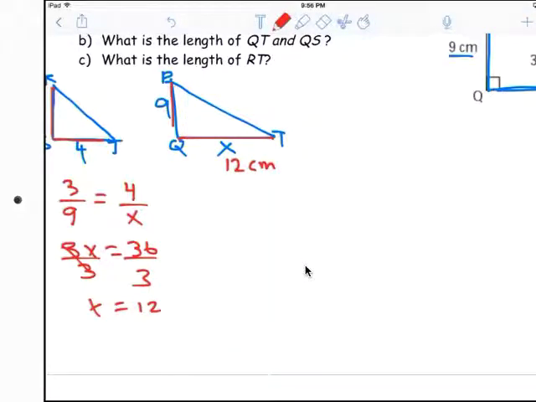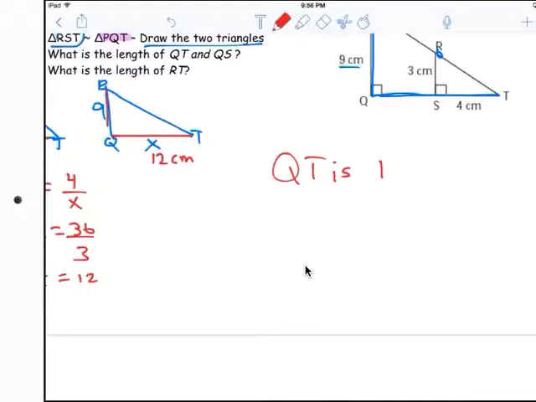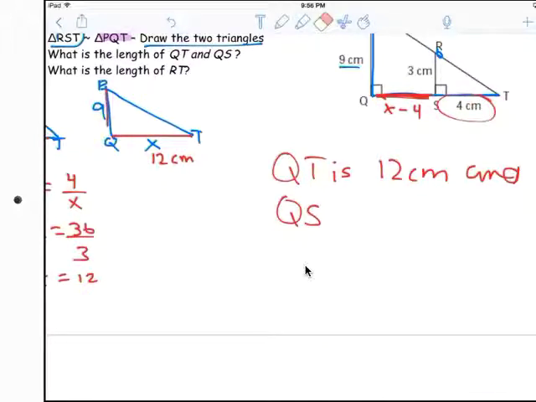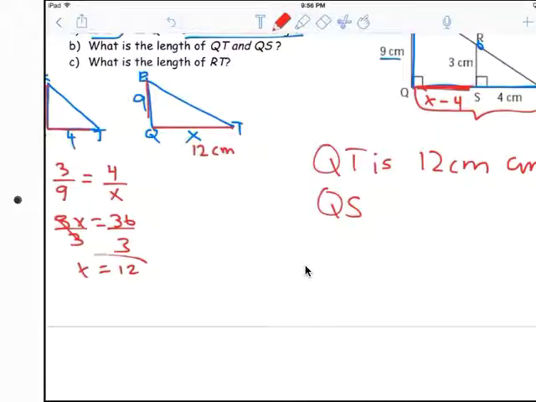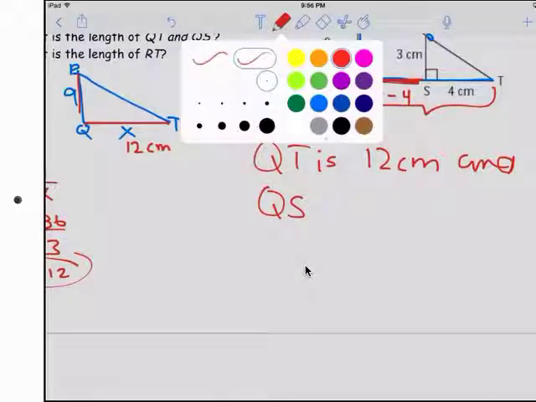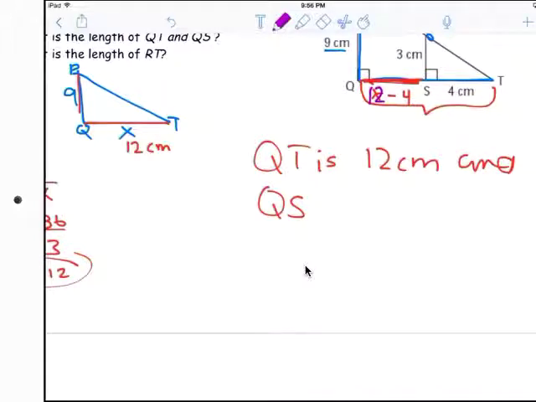So QT is 12 centimeters, and therefore QS right here is x minus 4. There's 4 there. X represents the whole thing, minus 4, so x is 12, so 12 minus 4 is 8 centimeters.